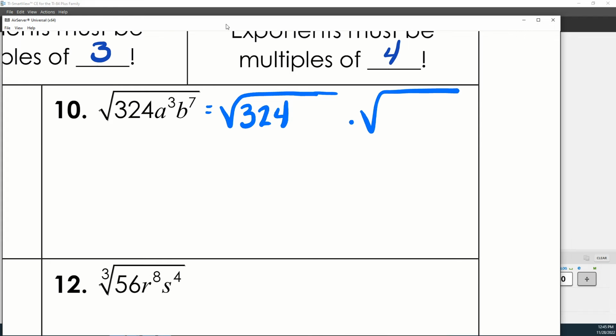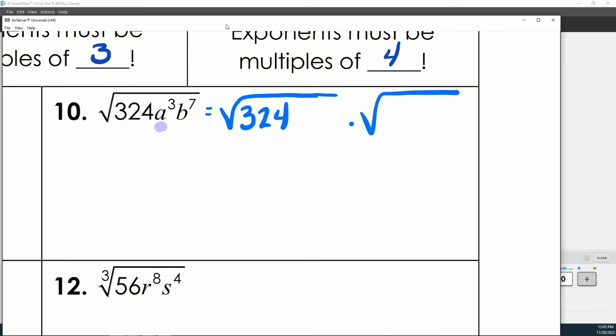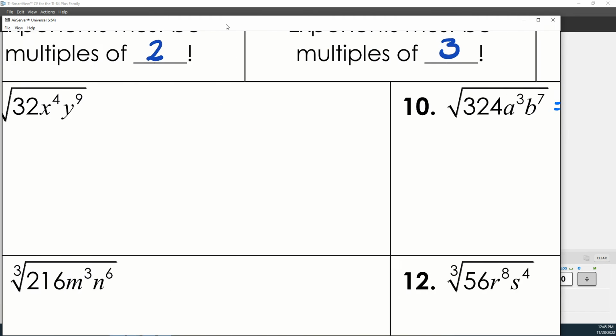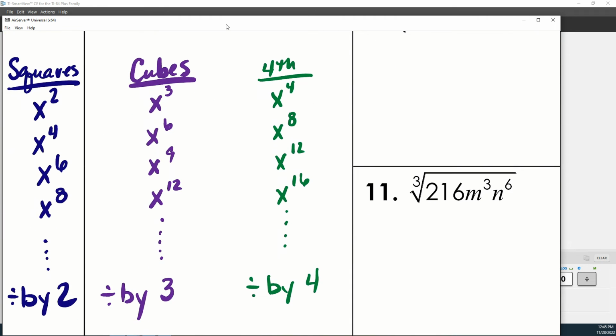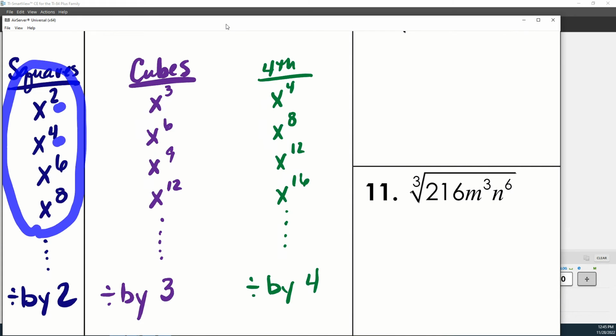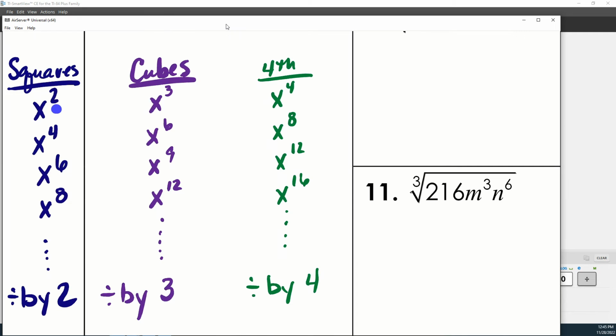All right. And then a to the third. A to the third is not a perfect square. So what I'm going to do is I'm going to look at a list of my perfect squares. And I'm going to use these powers with a. So I want to get as close as a to the third as possible, but I can't go over. So it's going to be a to the second.